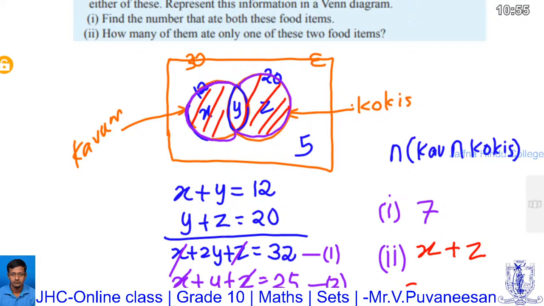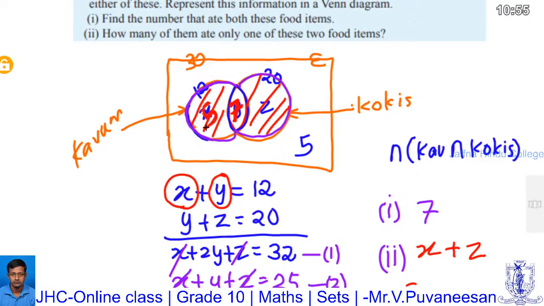In the circle, x plus y equals 12. We know y is 7, so x is 5. This is 7, so this is 12 minus 7, which is 5.